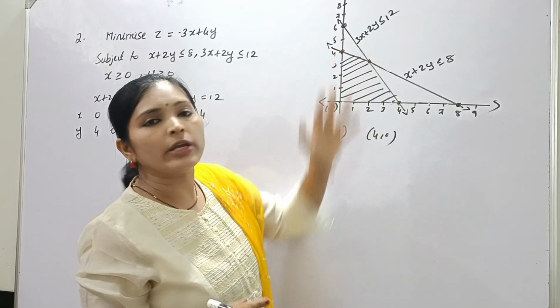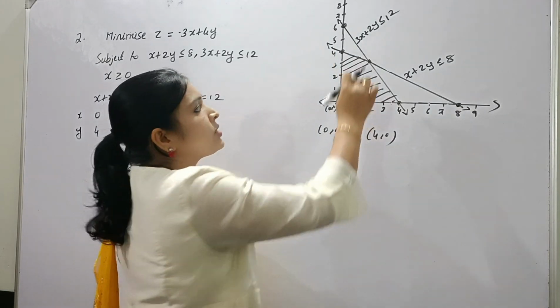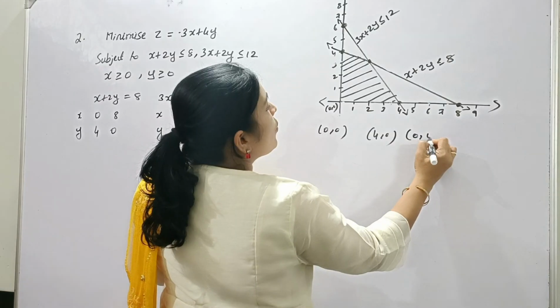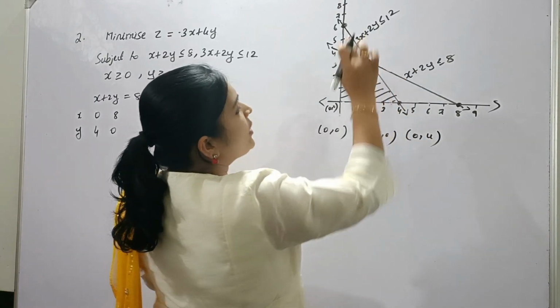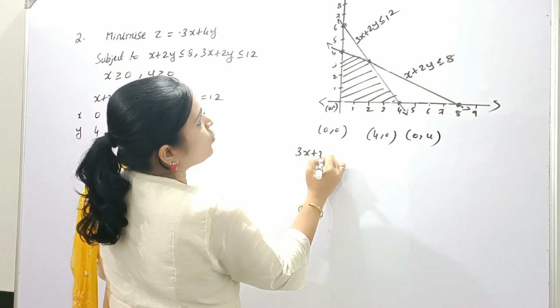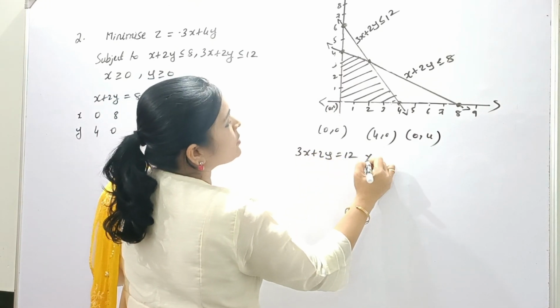So by solving these two equations we will get the x and y values. And this point 0, 4.